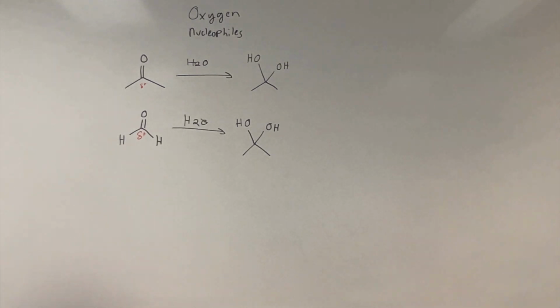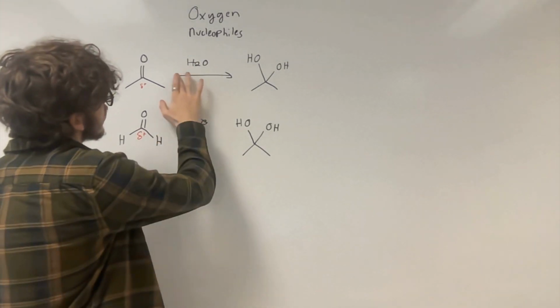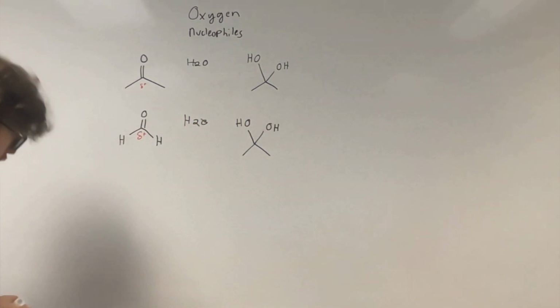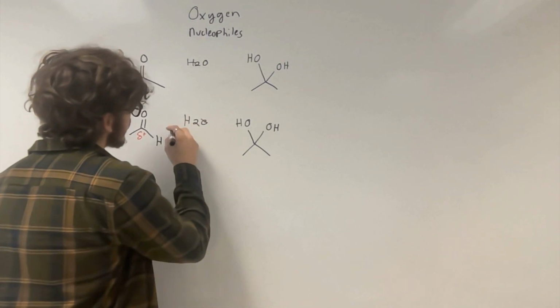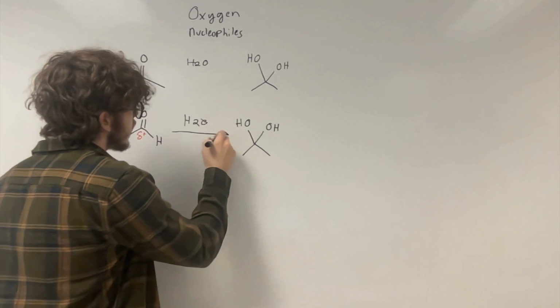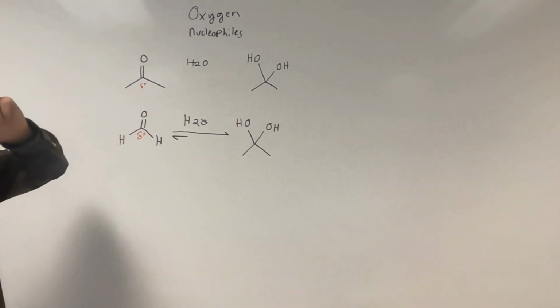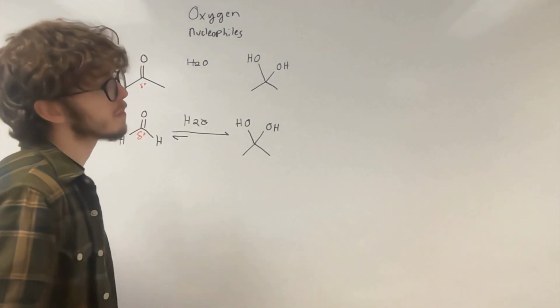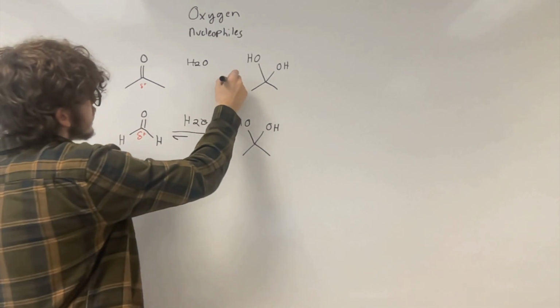Now, this is important when we talk about the equilibrium of these two, and I'm going to just erase the arrow. Well, if formaldehyde is a more reactive molecule, it's more sensitive to attack from water. So it's actually going to favor hydrate formation. And what you'll notice about 2-propanone and the corresponding hydrate equilibrium is that we almost entirely get ketone.